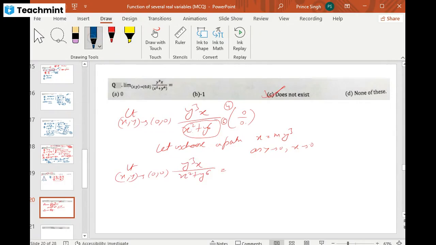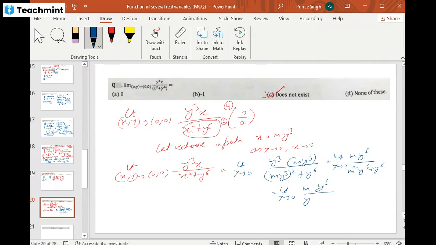Now this is equal to limit y tends to 0, y cube times m y cube upon (m y cube) whole square plus y raised to power 6. So this is limit y tends to 0, m y raised to power 6 upon m square y raised to power 6 plus y raised to power 6. So y raised to power 6 is common, m square plus 1. So y raised to power 6 get cancelled out, so limit is m upon m square plus 1.